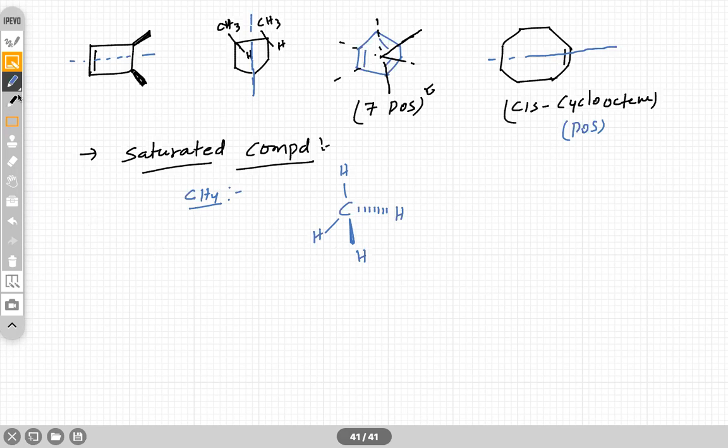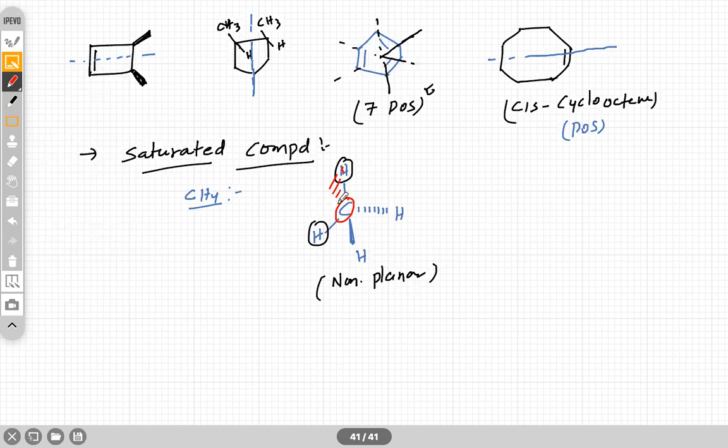Okay, so the plane of symmetry, if you consider, obviously it is a non-planar molecule. Non-planar, but if you consider this hydrogen atom, like this hydrogen, and this carbon, right? These three will be in a plane.